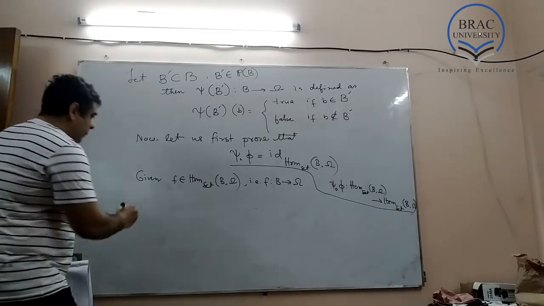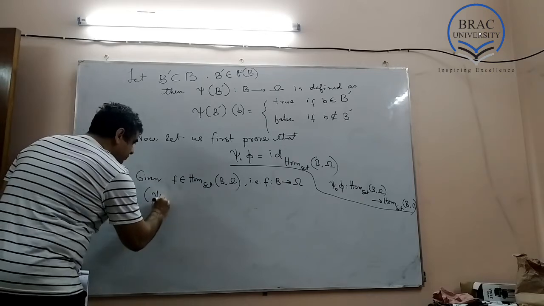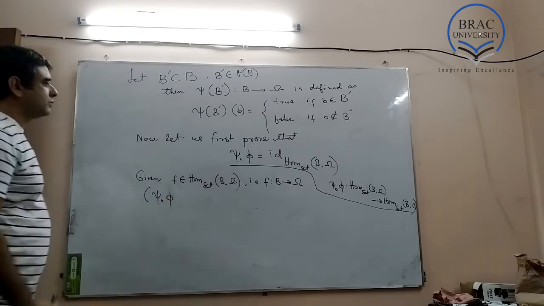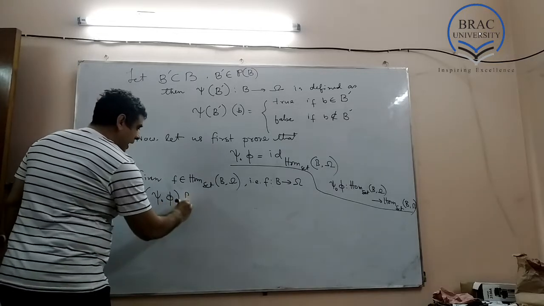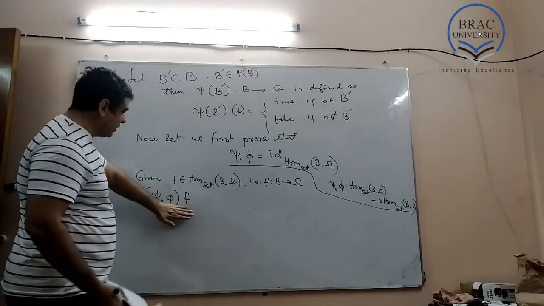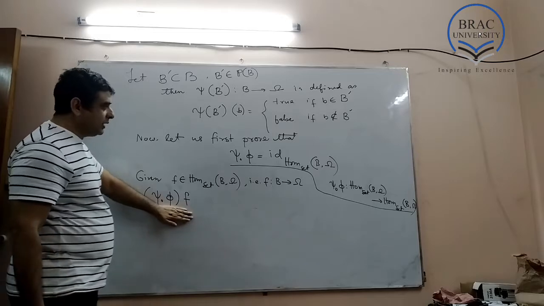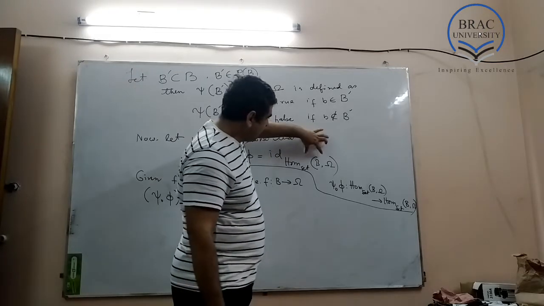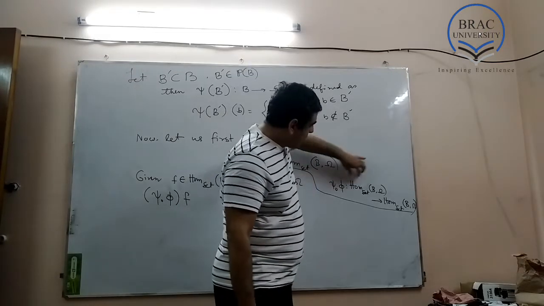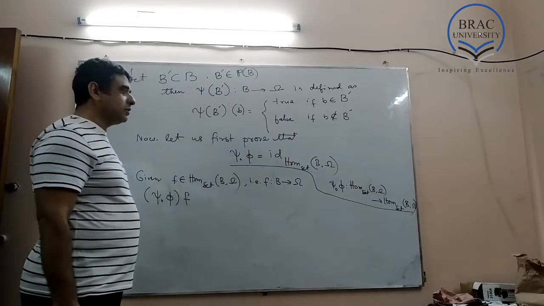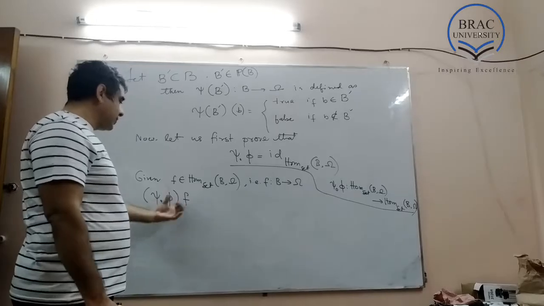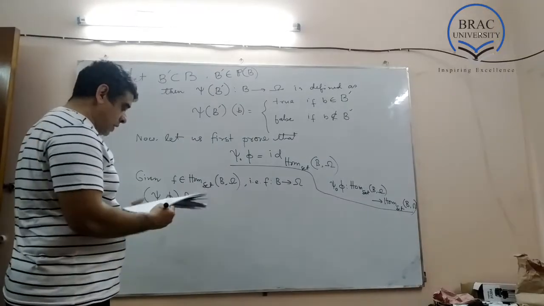So psi composed with phi, okay, acting on f. Where does this guy live? This guy lives again in the same Hom set, okay? Because this is the map from the Hom set to itself. So f is an element of the Hom set, so this guy will also be in the same Hom set.